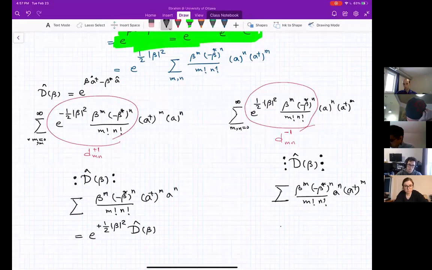And that is linked to the symmetric one with the exponential of minus 1/2 beta squared of D beta. Good.